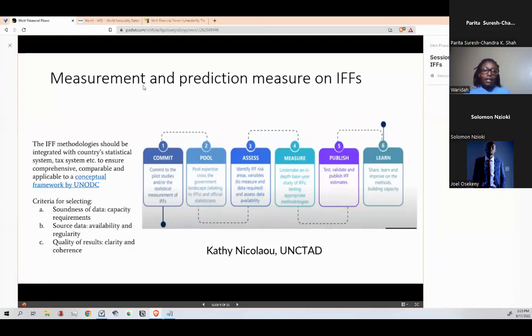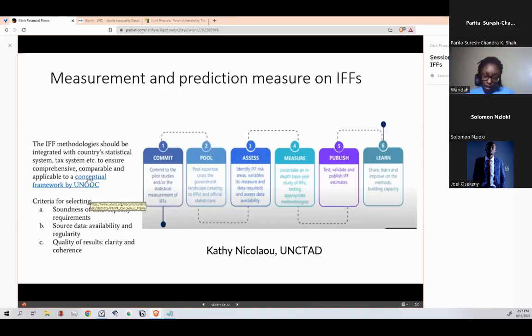And finally, when you're using the UNODC and the UNCTAD framework, is it applicable to their conceptual framework of how they have classified IFFs? And of course, again, the conceptual framework can be found as a link on the PowerPoint, so you can look at that more.